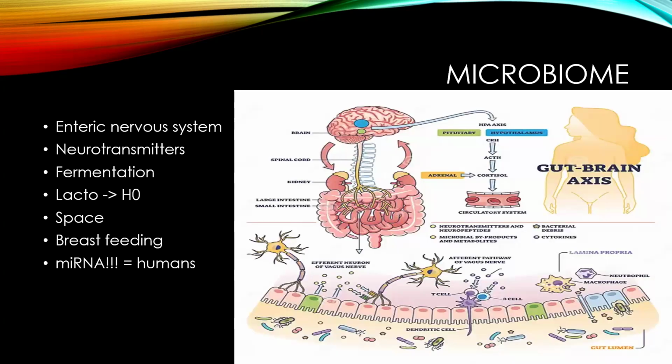And the final concept I'm going to go over is the microbiome itself, because again, this paper looks at interacting with the microbiome. The enteric nervous system essentially operates from the colon, anywhere from the ascending colon all the way down to the sigmoid colon itself. This nervous system has pathways between the crypt and the villus of the villi.